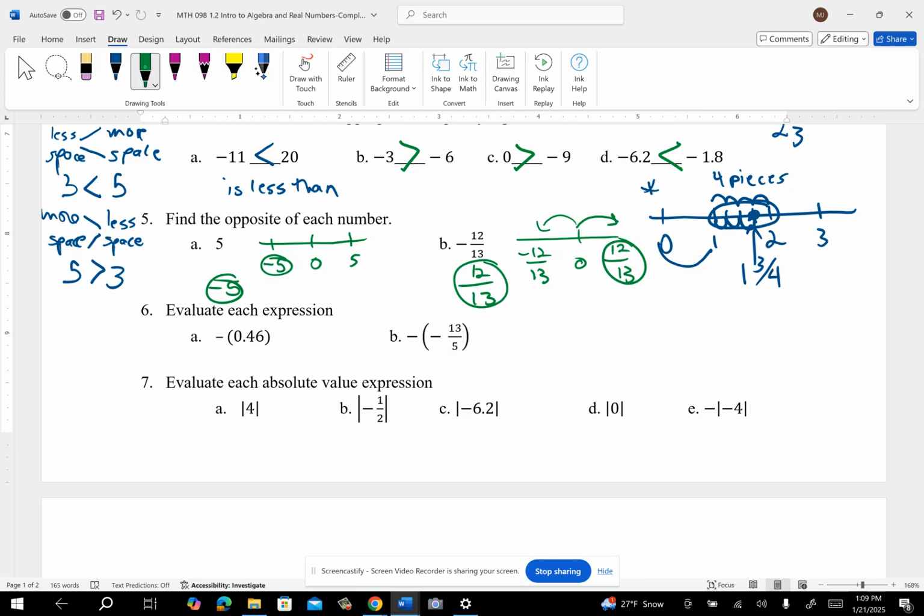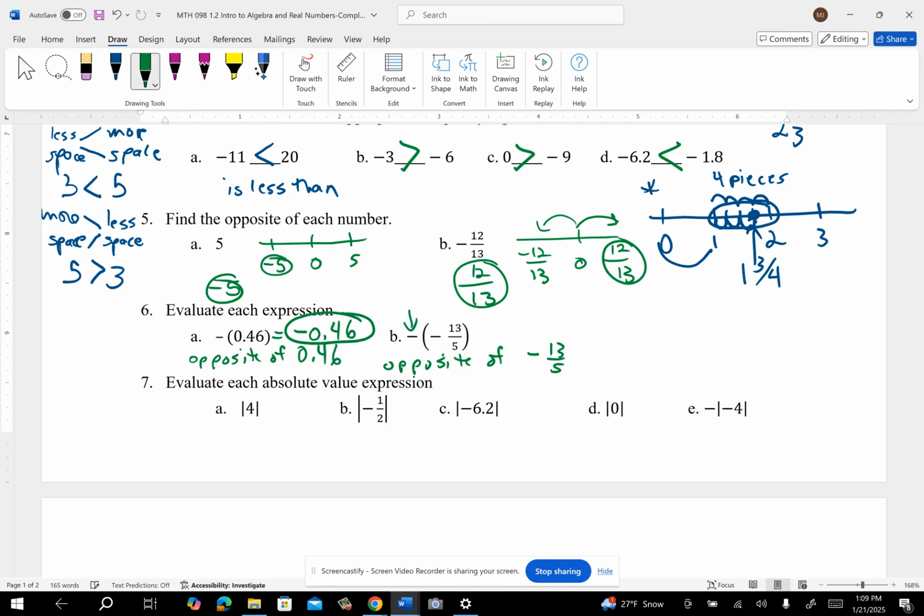When they, on 6, when they do that, they want the opposite of 0.46. That would equal negative 0.46. Okay. Here they want the opposite of negative 13/5.